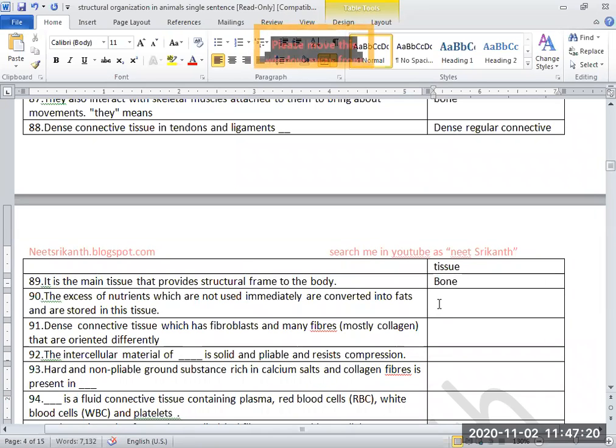Then the excess of nutrients which are not used immediately are converted into fats and stored in this tissue: adipose tissue. Very good. We call it white fat.